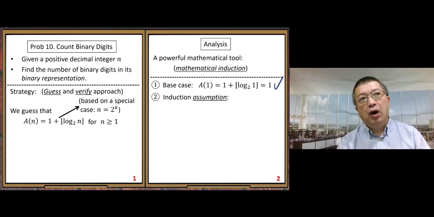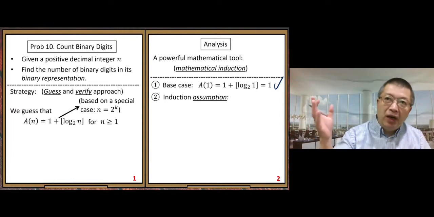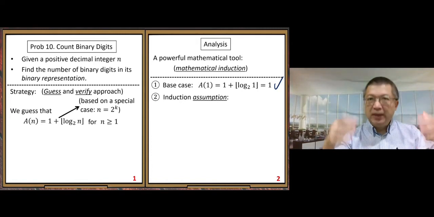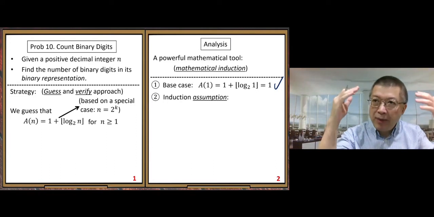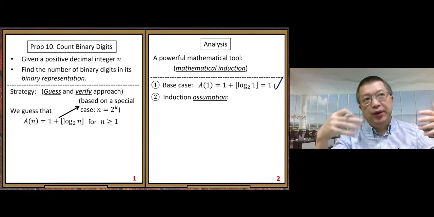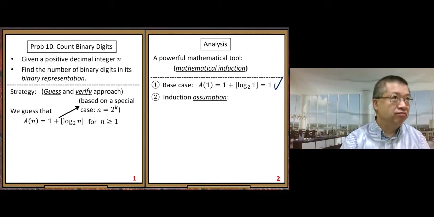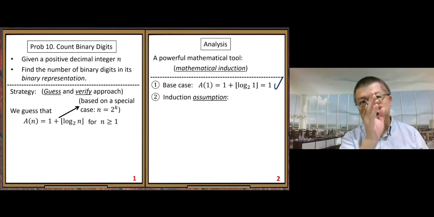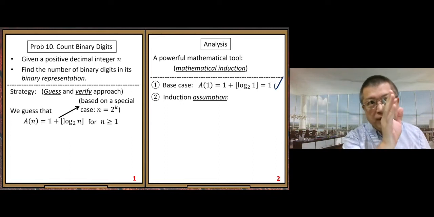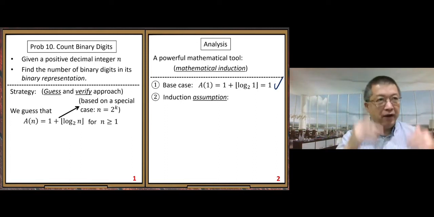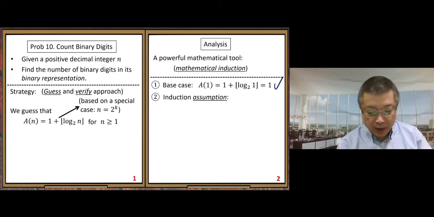Although we do not need to do a lot of work in this step, we need to make the right assumption. Then our key step, step number 3. Step 2, you need to do something really careful.